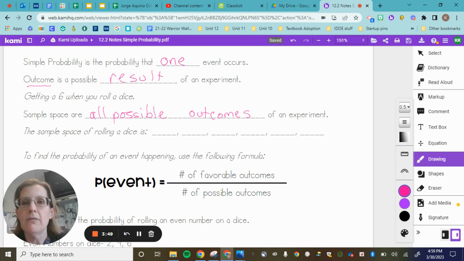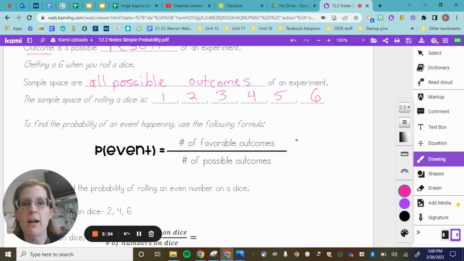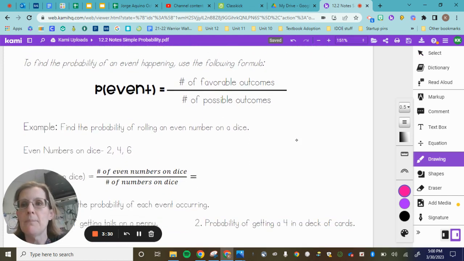Like on flipping a coin, it would be heads or tails. Rolling a dice, it would be like right here. So the sample space of rolling a dice, you could get a 1, a 2, a 3, a 4, a 5, or a 6. It gets more complicated when we're talking about compound probability, like we'll talk about in the next lesson with sample space.